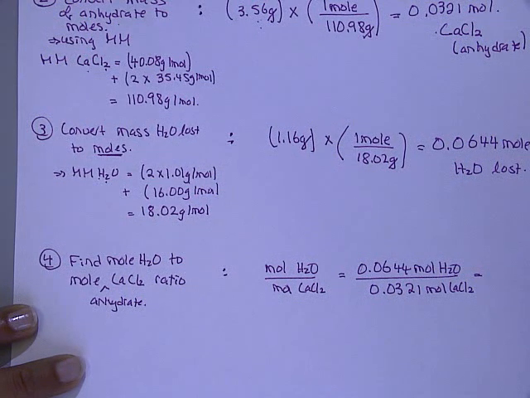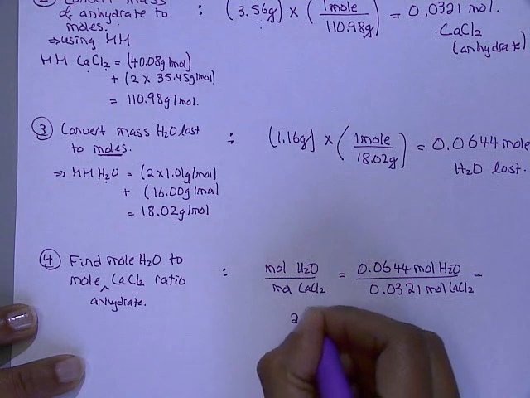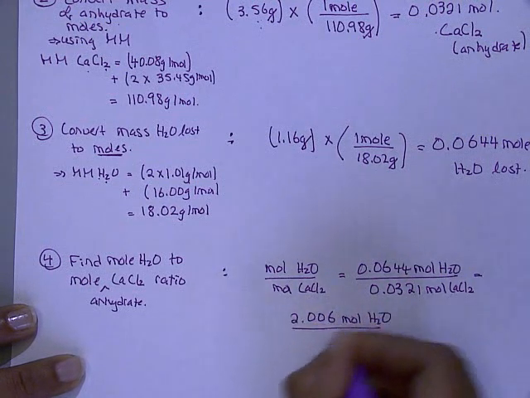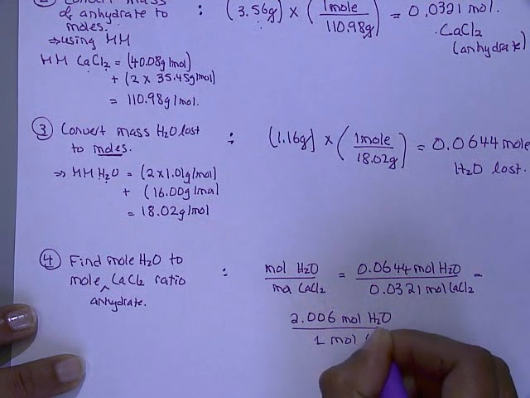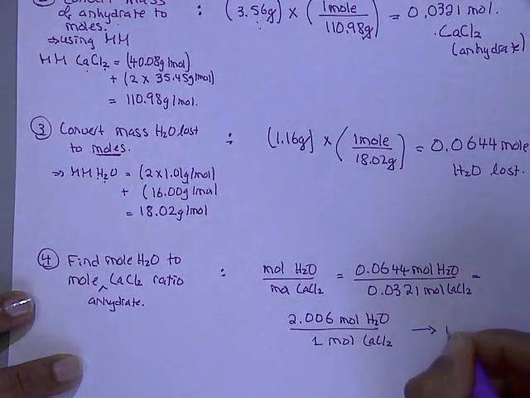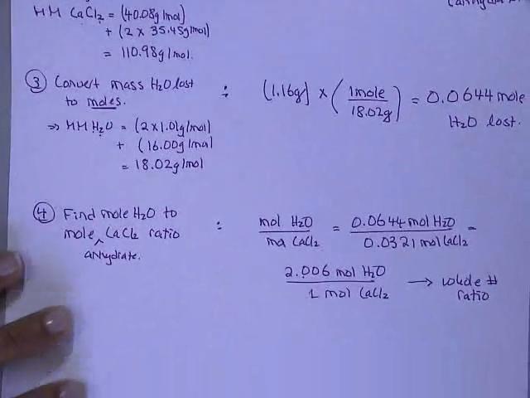0.0644 divided by 0.0321, and you should get 2.006 moles of H2O over 1 mole calcium chloride. Now remember, this has to be a whole number ratio, so we round to simply 2.